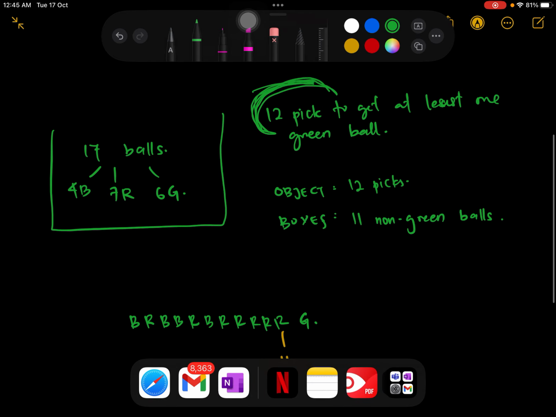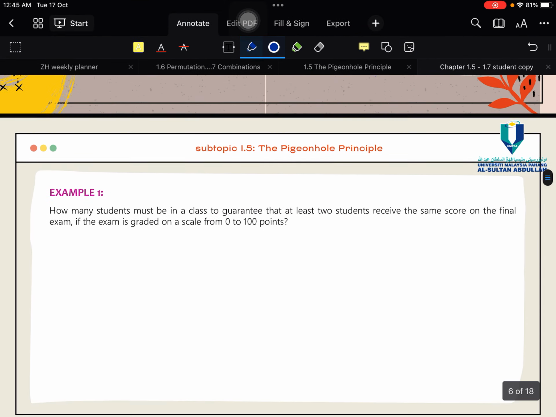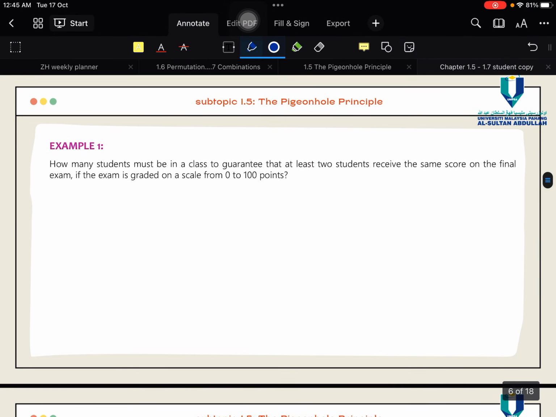Or maybe kita boleh try lagi exercise, okay, untuk tengok you all faham ke tak. How many students must be in a class to guarantee, kita nak guarantee ni, at least 2 students receive the same score on the final exam if the exam is graded on a scale from 0 to 1000 points.